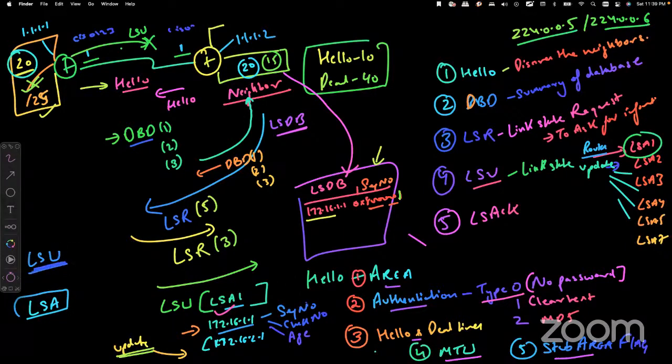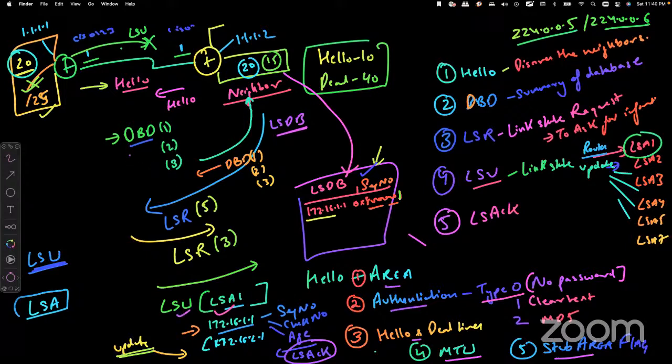When you send an LSU and we store the information in the database, we confirm by sending an LS acknowledgement. Whenever the router updates its LSDB, it will send an acknowledgement back. Whenever we send an LSU, we will get an acknowledgement.